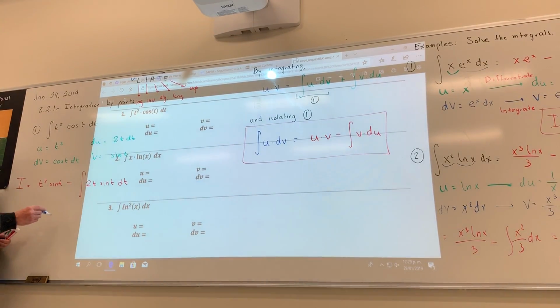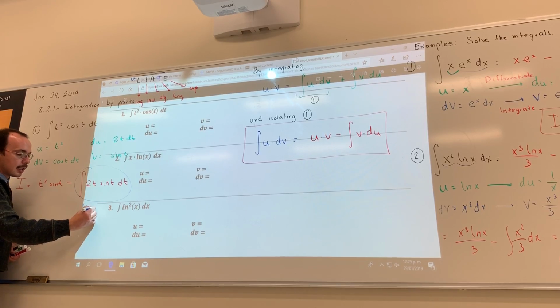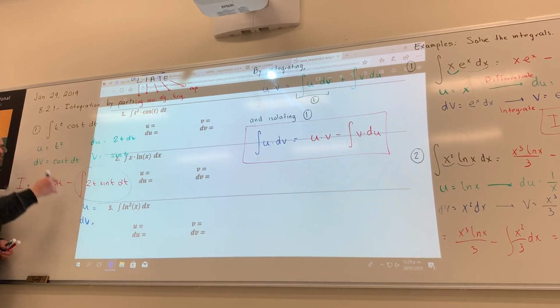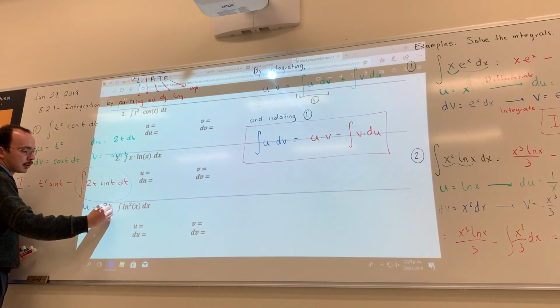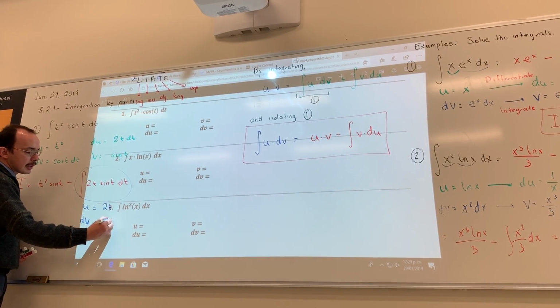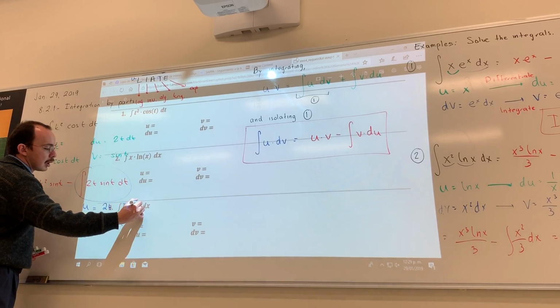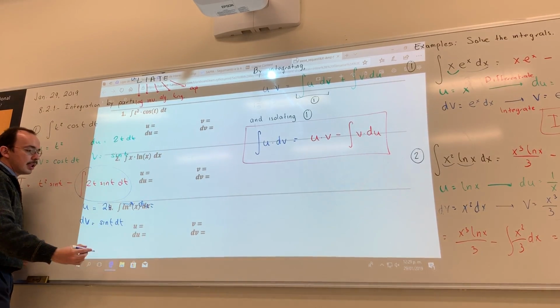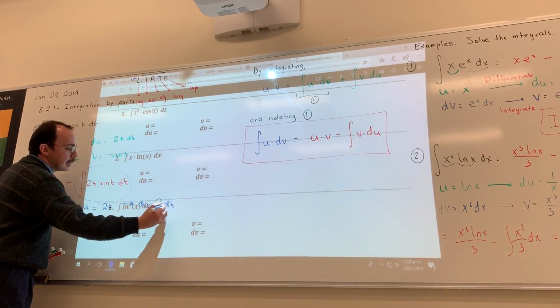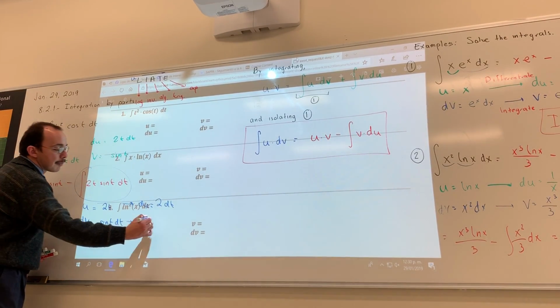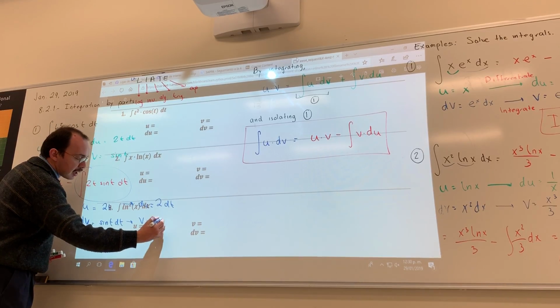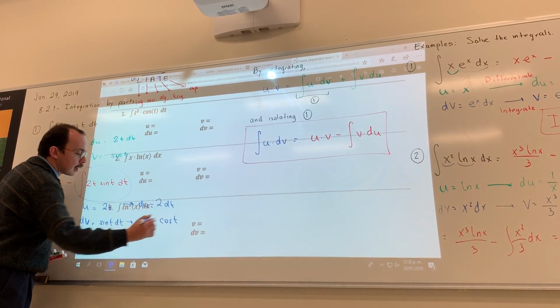So, for this part, again, u dv. Which one is u according to the rule? 2t. And dv, sin of t dt. du is going to be 2 dt, and v is going to be minus cosine, sorry, yeah, you're right, minus cosine of t.